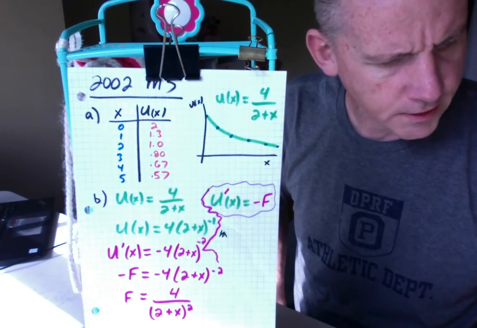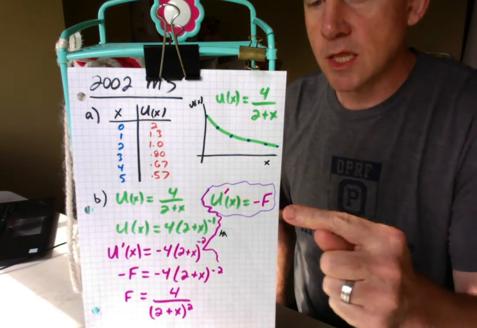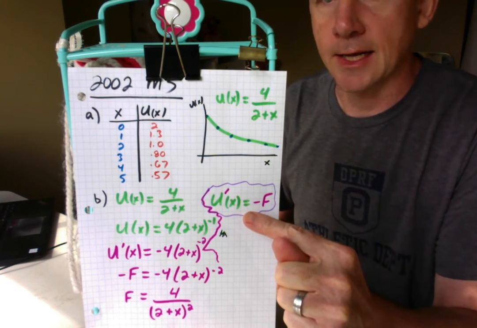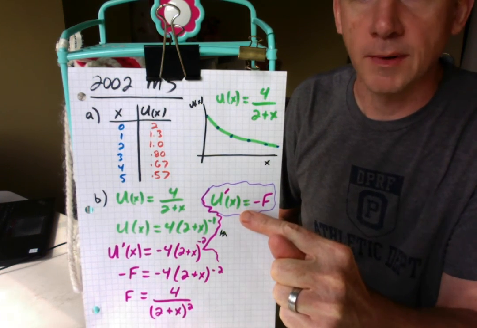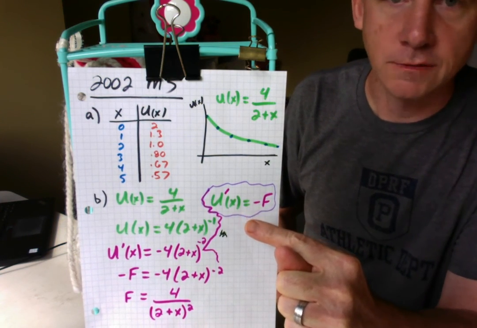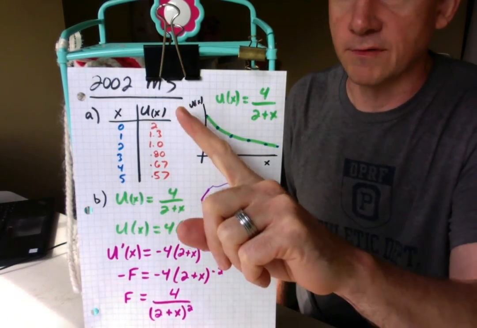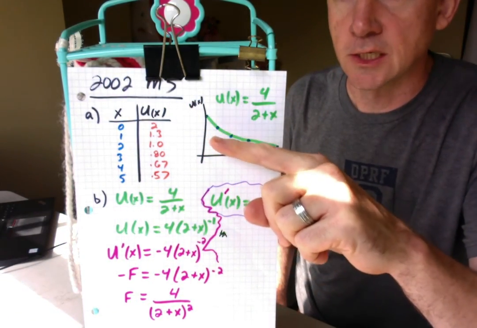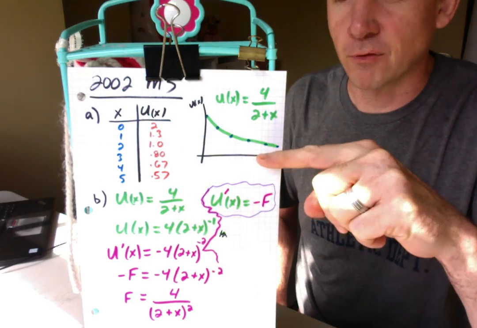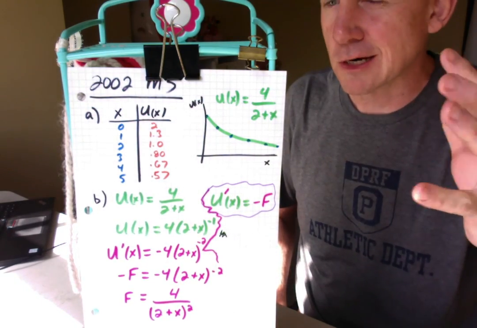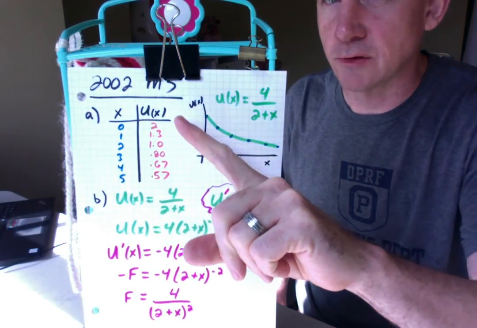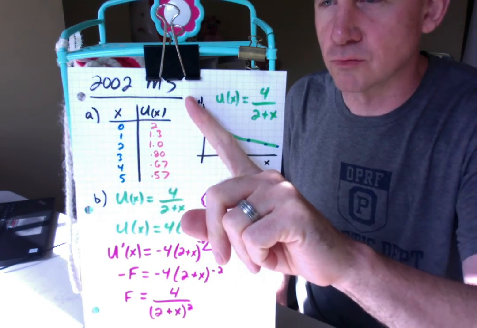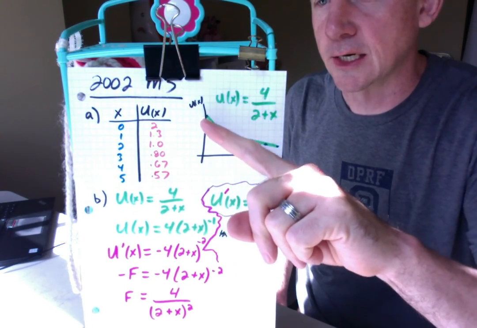Then they want to know the force. So this is the equation that's actually not on the equation sheet that you should put in your back pocket. If you have an energy function, if you take the derivative of that energy function, it'll give you the negative force. Sort of bizarre idea, but remember we had a marble on this roller coaster track.